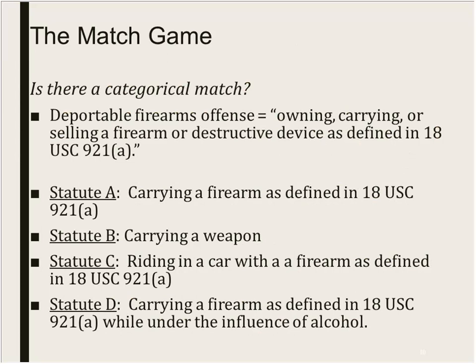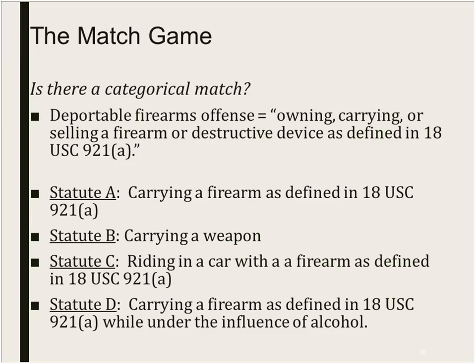Okay. So this is often what we're doing: we're looking at the federal removal ground, and we're looking at the state offense to figure out where, if anywhere, is the mismatch, okay? So you can type this in, or you can just play along at home. The firearms offense, this is a simplified version of the firearms offense in INA 237(a)(2)(C), which says owning, carrying, or selling a firearm or destructive device as defined in 18 U.S.C. 921.